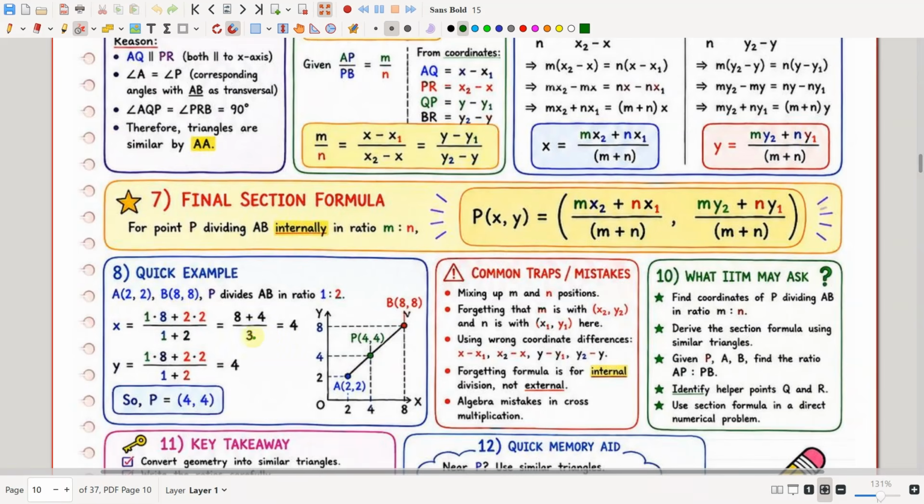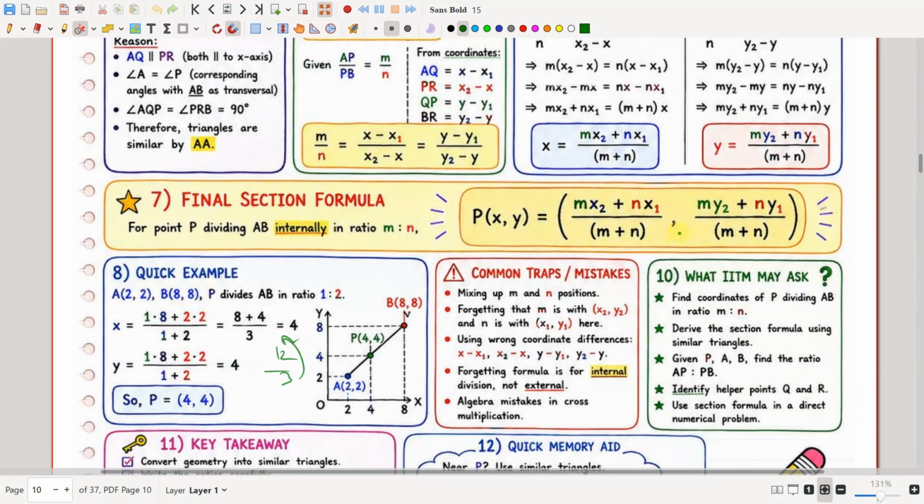P of (x, y) is equal to, first one is (mx2 plus nx1) divided by (m plus n), which is (1 into 8 plus 2 into 2) divided by (1 plus 2), which is (8 plus 4) divided by 3, which is 12 divided by 3, which is 4.